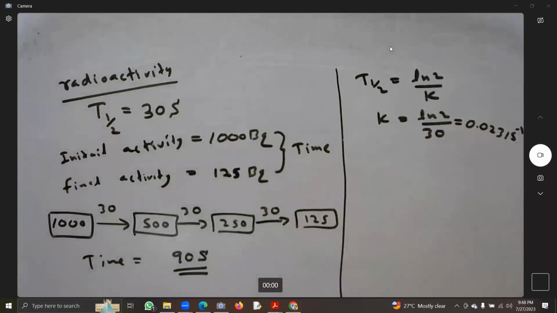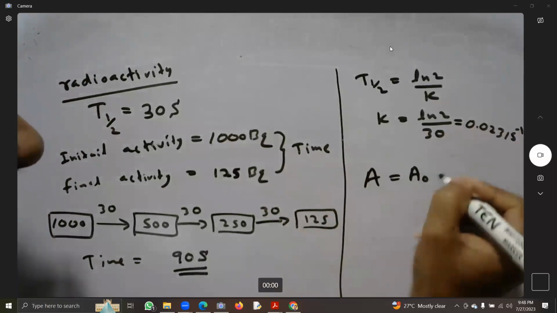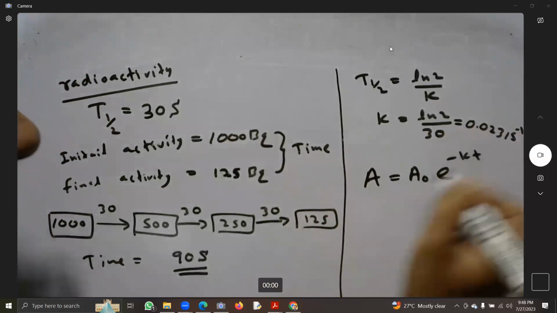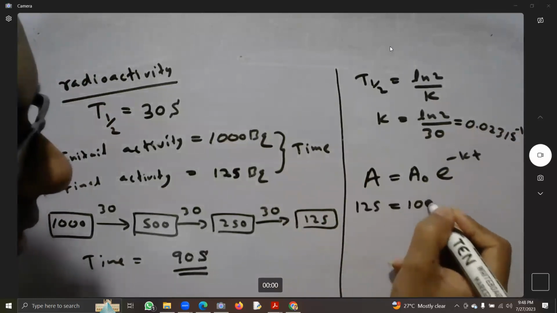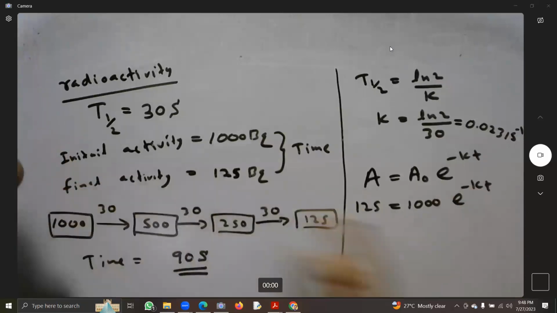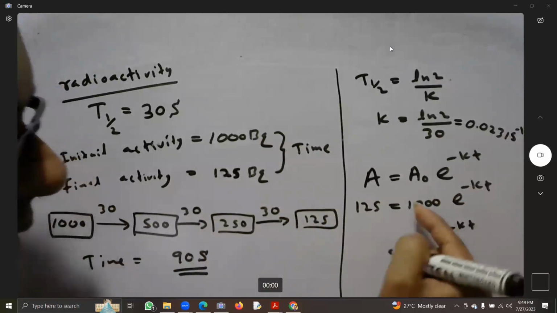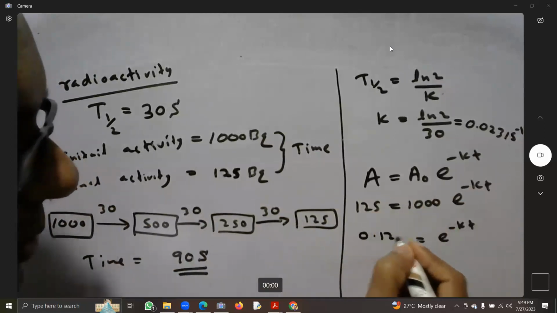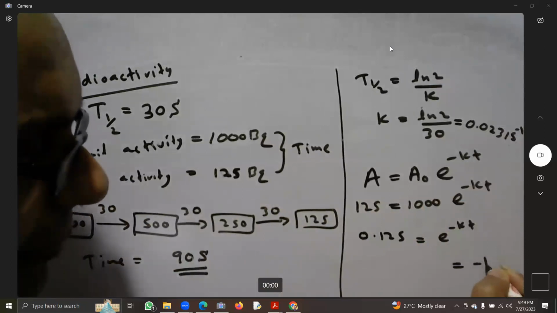Okay, now I'll write the equation. A is equal to A naught e to the power minus kt. Now the activity is 125 and the initial activity is 1000, so 125 equals 1000 e to the power minus kt. Now I'll make e to the power minus kt the subject: this divided by that is 0.125. This is something new for you.